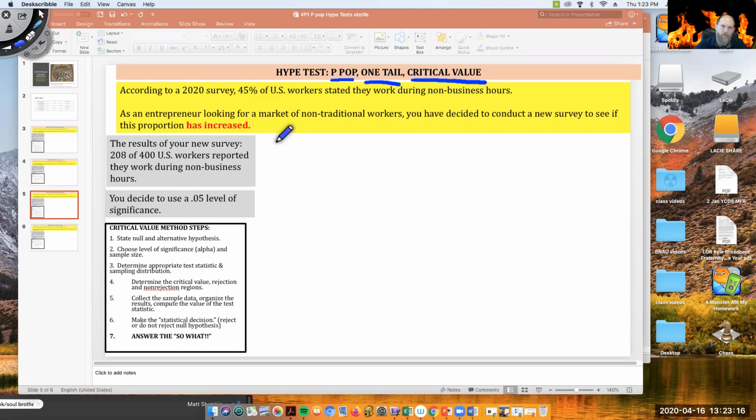So Jared, what would our null hypothesis be? It would be P-pop is greater than 0.45. Okay. It has something to do with 0.45. Is it still equal to, or? It has some degree of equal to in it.